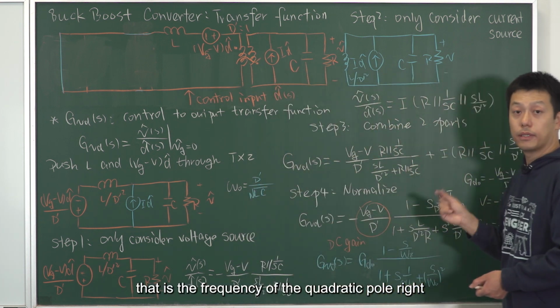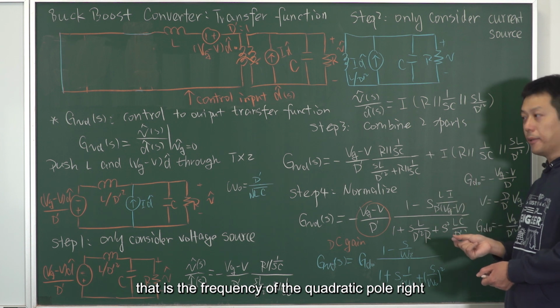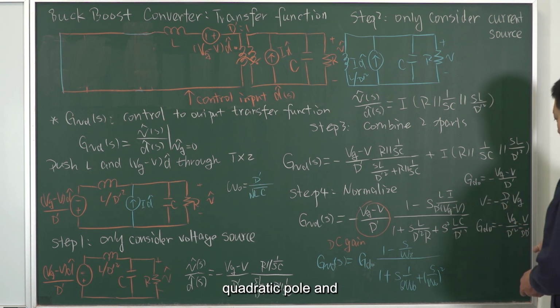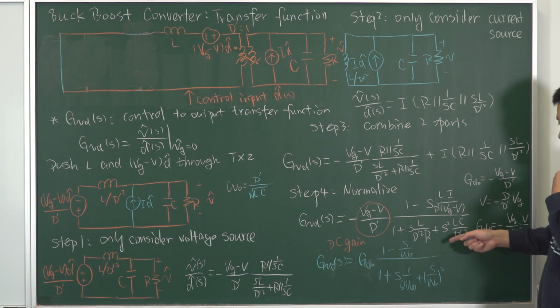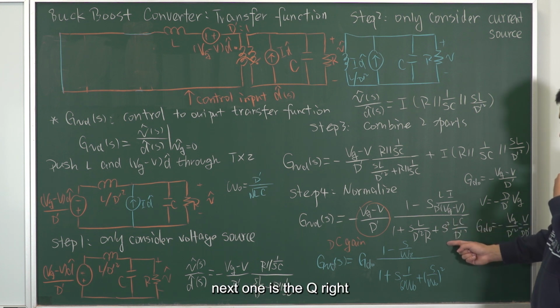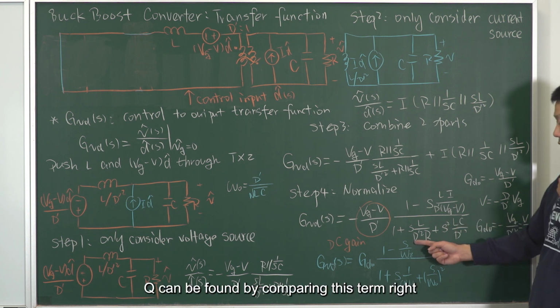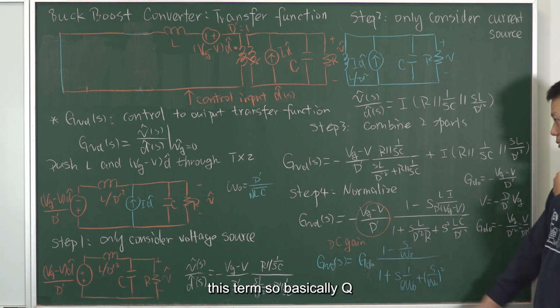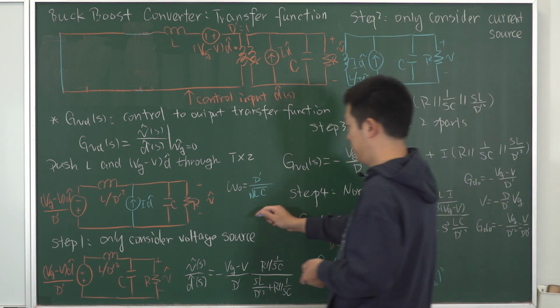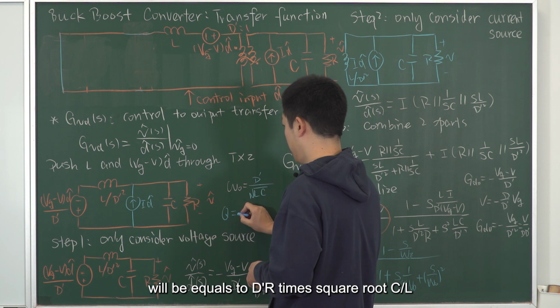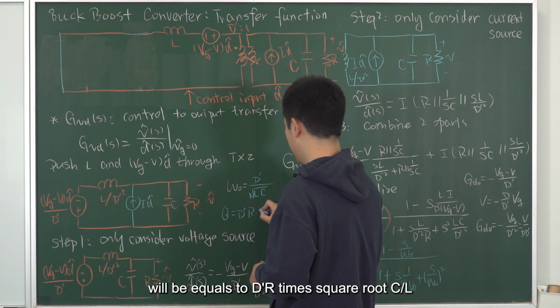That is the frequency of the quadratic pole, right? And the next one is the Q. Q can be found by comparing this term. So basically Q will be equal to D prime R times square root C over L.